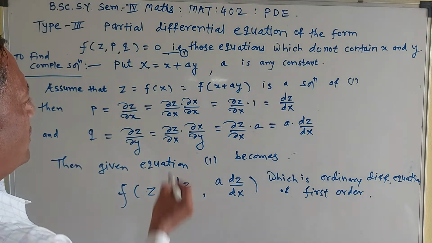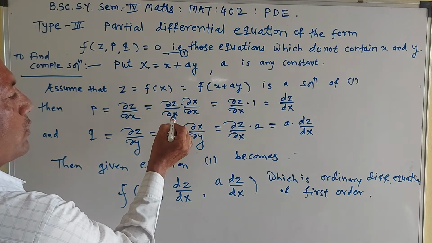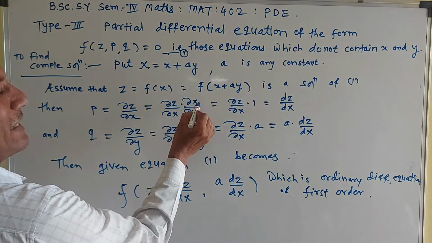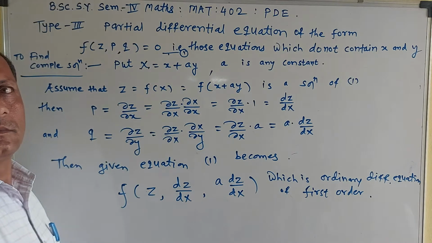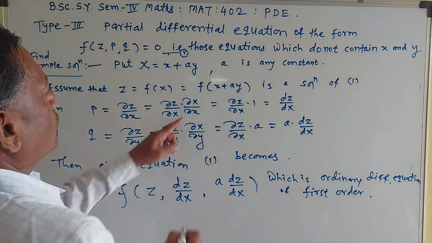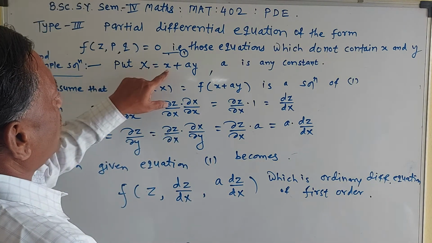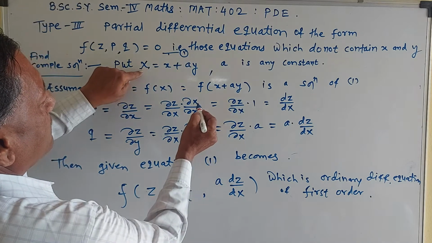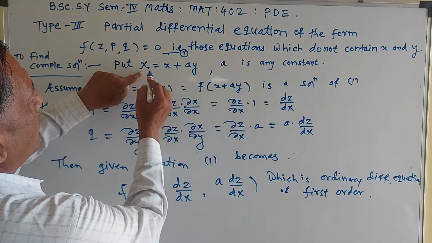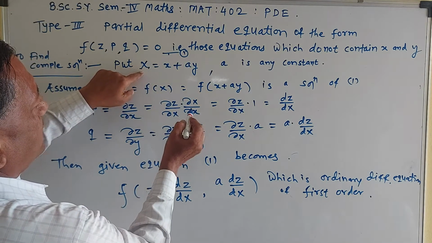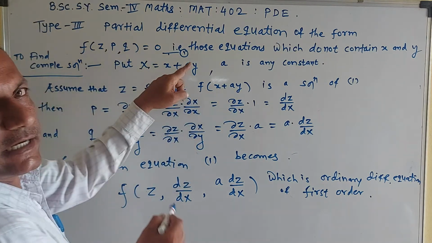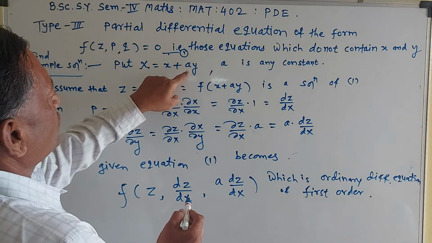This can be written as ∂z/∂X into ∂X/∂x. But what is X? Capital X is equal to x plus ay, and the derivative of capital X with respect to small x is 1, and the derivative of ay with respect to x is 0.